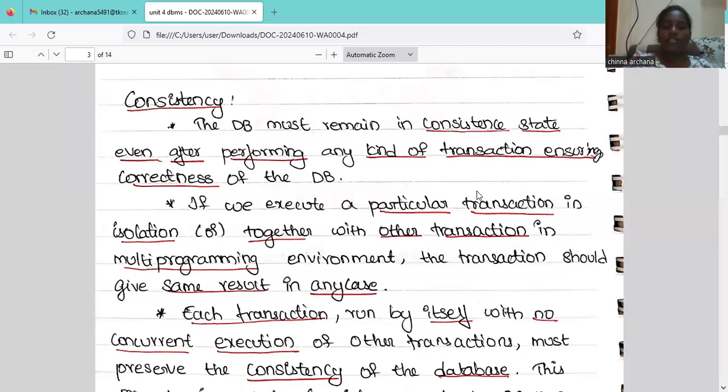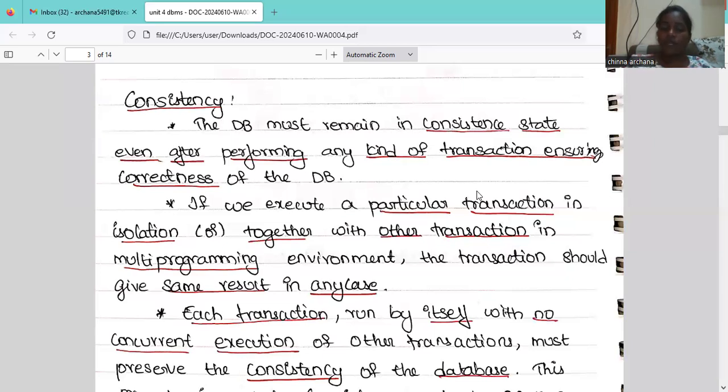Or else we can also define it as: if we execute a particular transaction in isolation or together with other transactions in a multi-programming environment, the transaction should give the same result in any case. Just now what I have said is the definition. Whether it is multiple transactions or a single transaction.